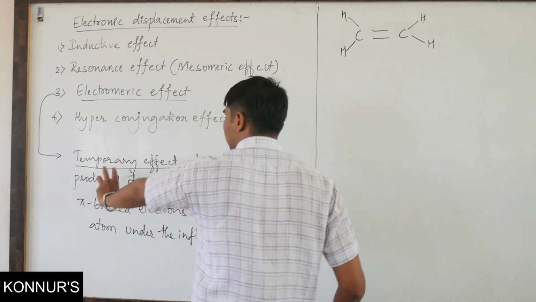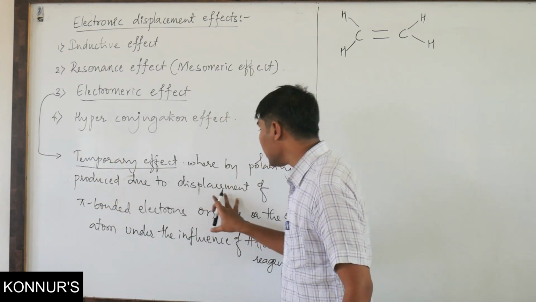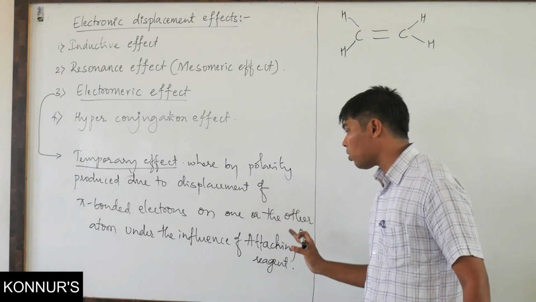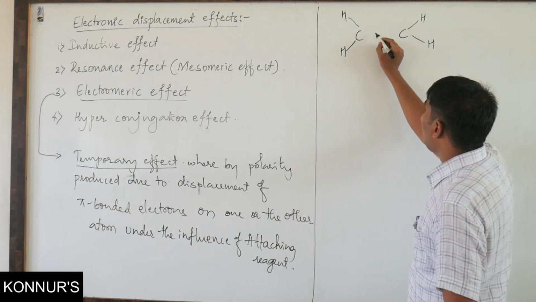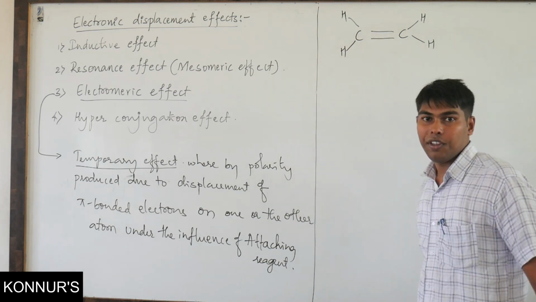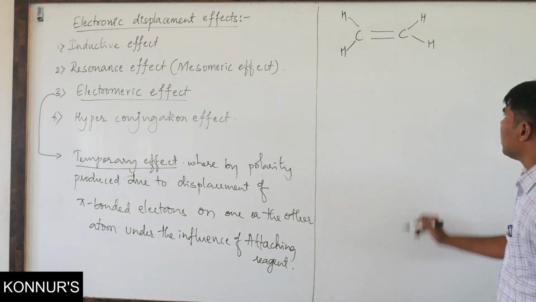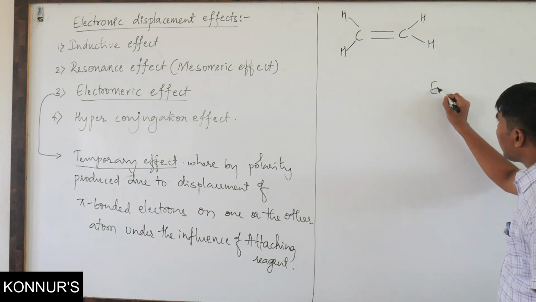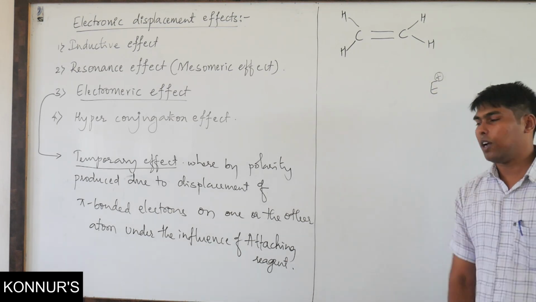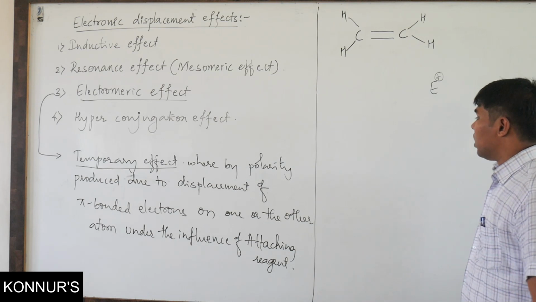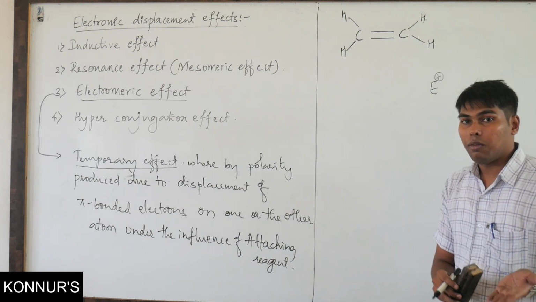Okay. So it's a temporary effect, whereby polarity is produced due to displacement of pi bonded electrons towards one or the other atom. Here one species contains a pi bond between carbon and carbon. Now here I am taking the attacking reagent as an electrophile. There are two types of attacking reagent, having positive and negative charge.